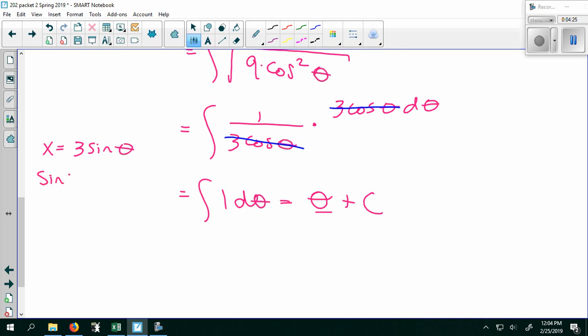So I have sine theta equals x over 3. Just divide both sides by 3, and then take the inverse sine of both sides. So theta is equal to the arc sine, or the inverse sine, of x over 3. And that's what I plug in for theta: arc sine of x over 3 plus c.